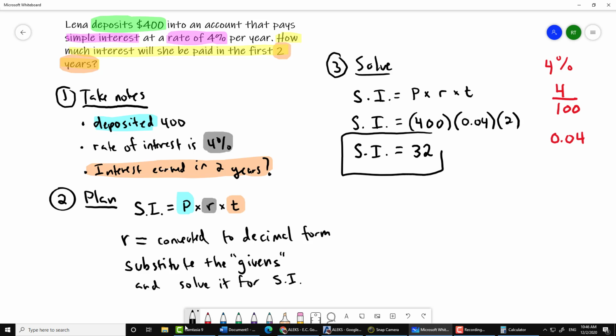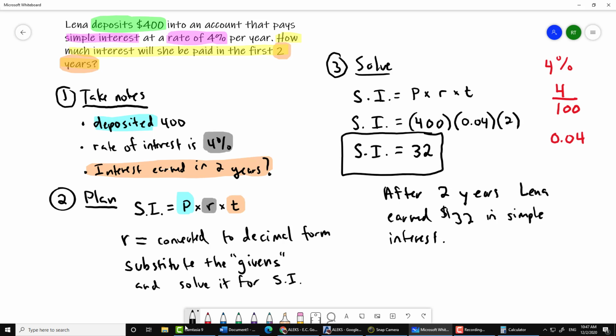That is the amount of simple interest earned. And so that means basically after 2 years, you have to know what it really means. After 2 years, Lena earned $32 in simple interest.